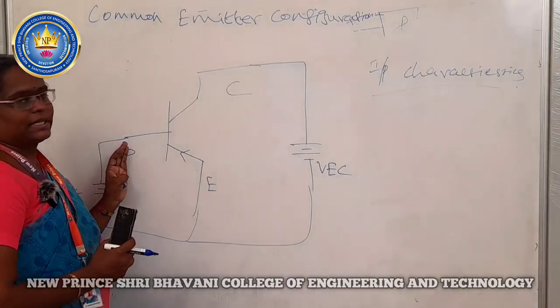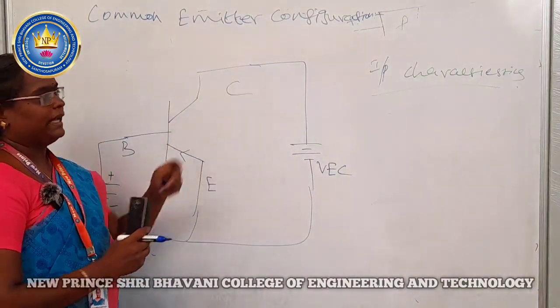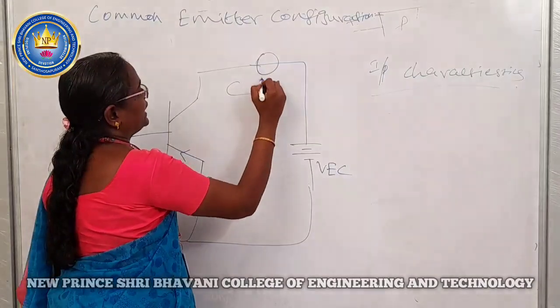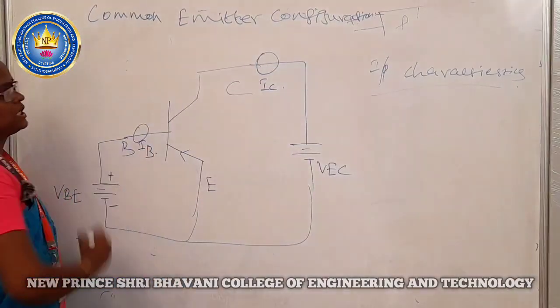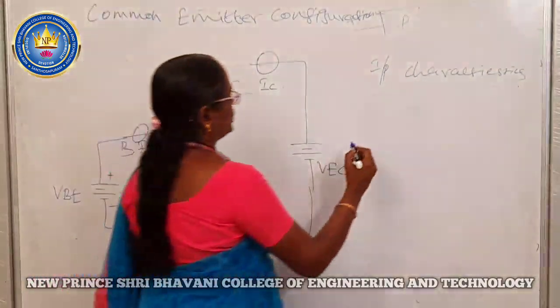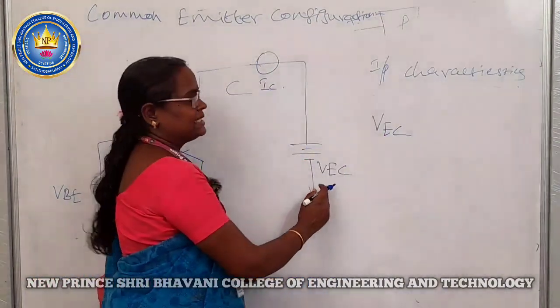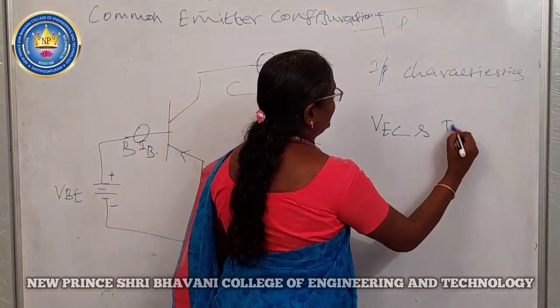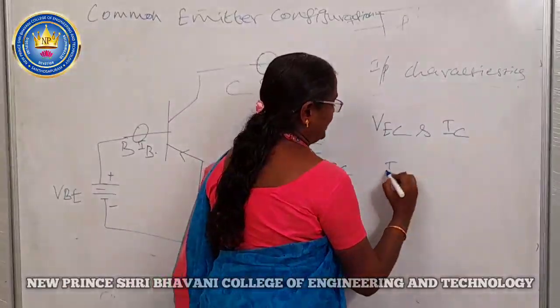First we discussed the input characteristics. You have to identify them with the help of output voltage and output current. The output current is IC. The input current is named base current IB. You plot the graph between output voltage VEC and output current IC, which varies with input current IB.